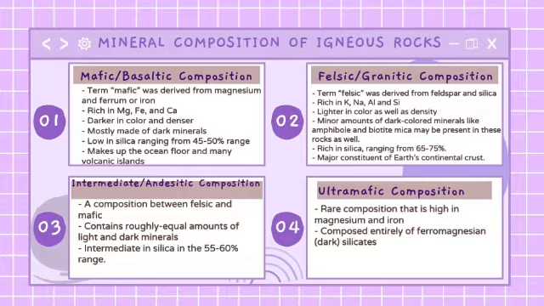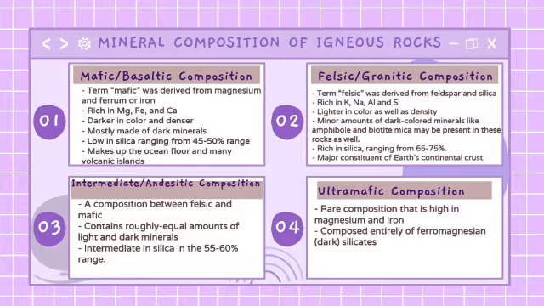So the next one is the intermediate or andesitic composition. Intermediate or andesitic composition is a composition between felsic and mafic. It usually contains roughly equal amounts of light and dark minerals, including light grains of plagioclase feldspar, and dark minerals like amphibole.